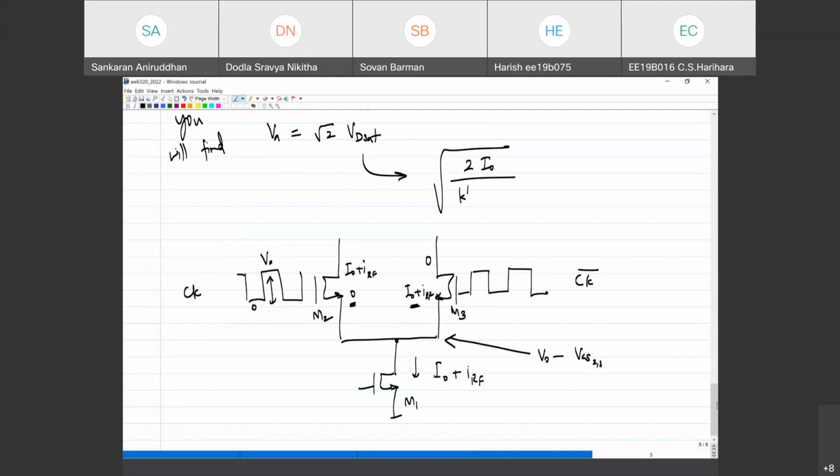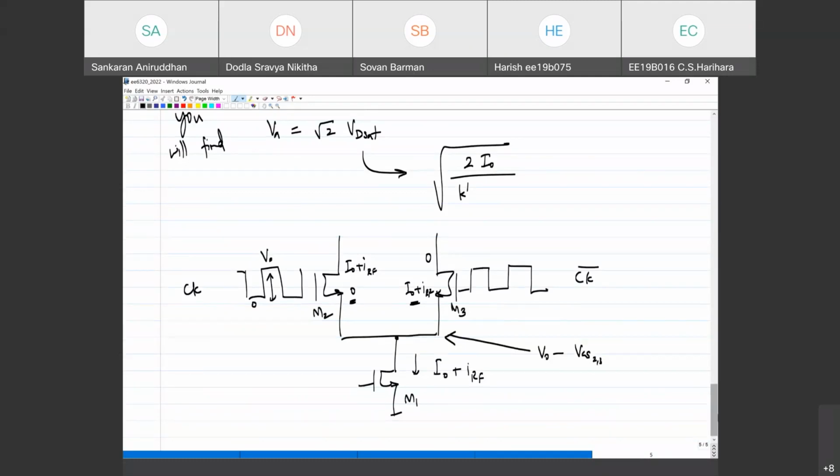Sir. Yeah. So I think in one of the lectures I have covered the displacement current. Have you seen that lecture? Yes, sir. Okay. I think the point that I wanted to make was that if you look at this node, it is expected to be quiet.